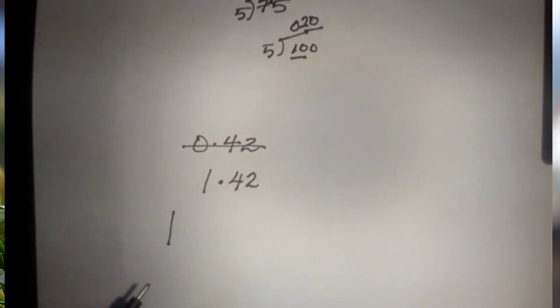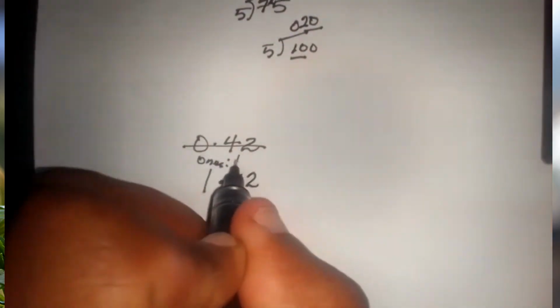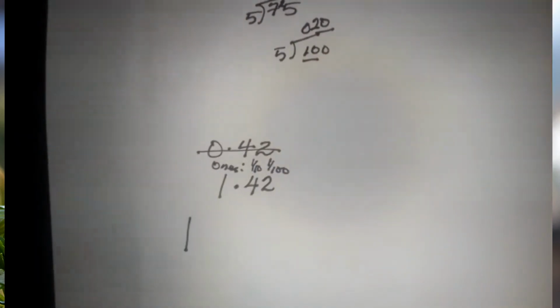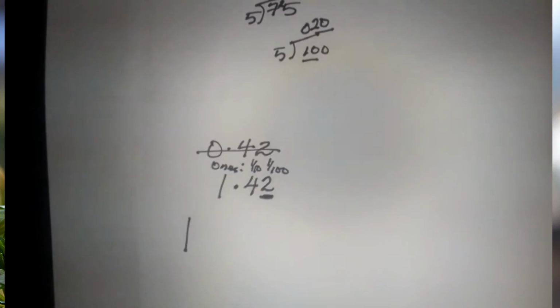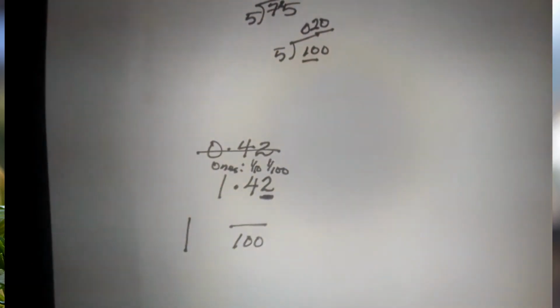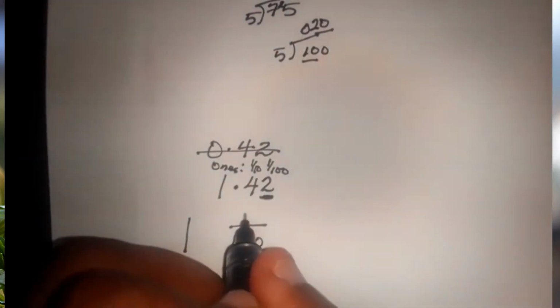So I'm going to label the positions: ones, tenths, hundredths. The last digit, the 2, is in the hundredths column. So my denominator is going to be 100, and my numerator is going to be all of this number, 42.